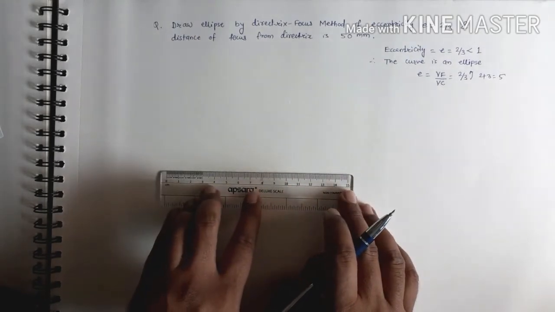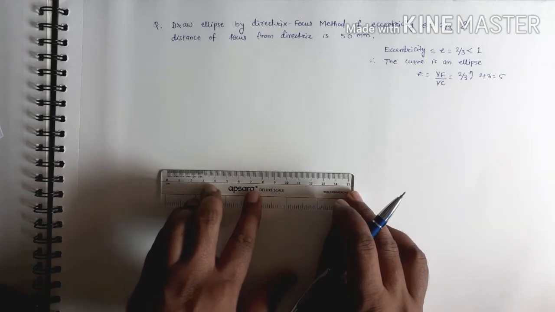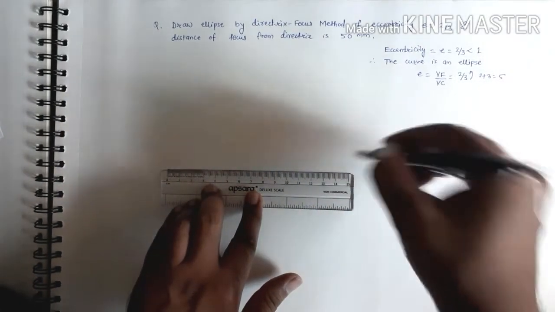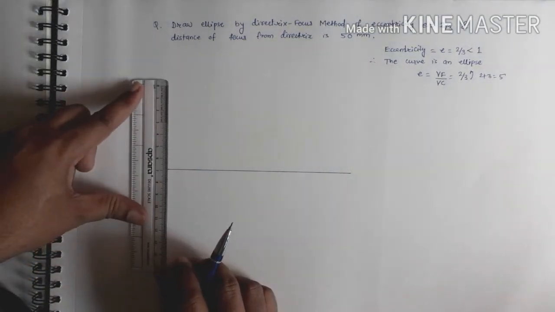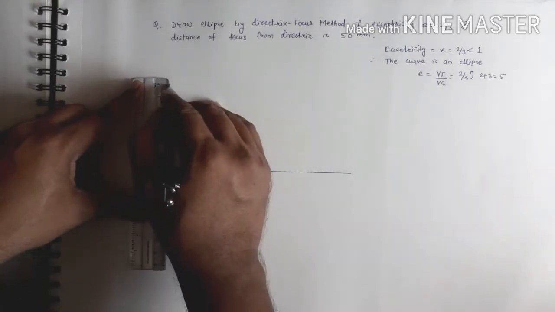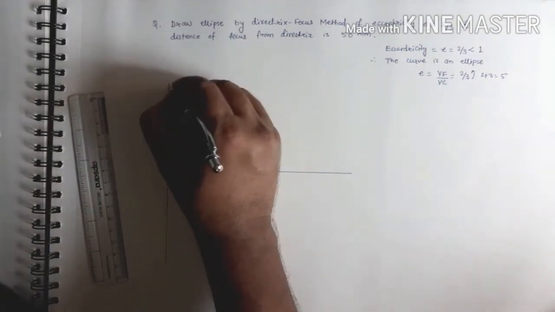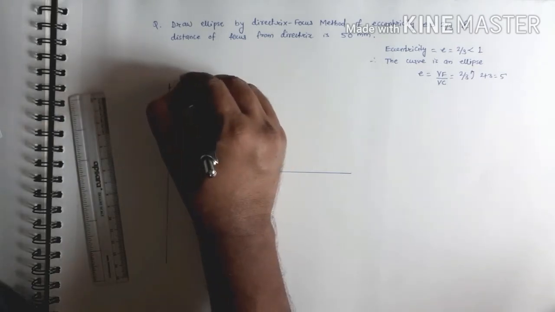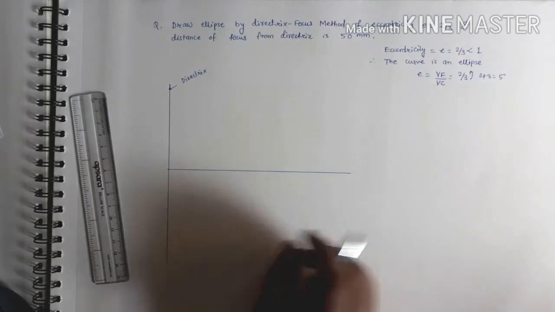Draw first the x axis, that is the horizontal axis. Draw the horizontal axis and the perpendicular y axis. Okay, so this vertical axis is called the directrix.